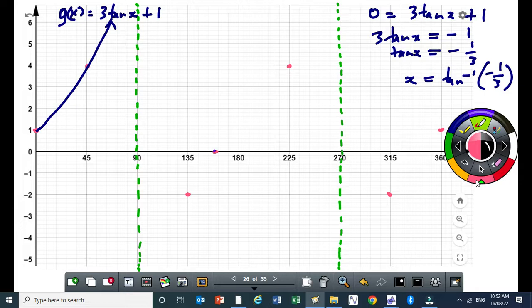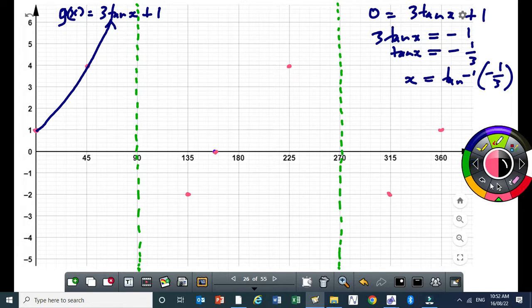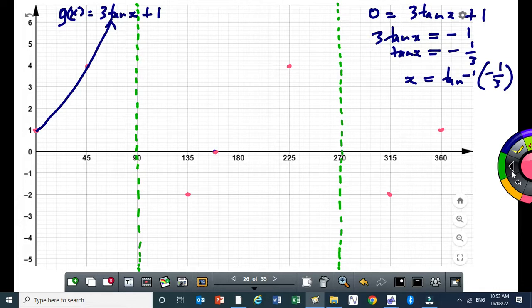It's 180. So the x-intercept which will be here, and the one which will be somewhere between 270 and 360, the distance between them will also be what? 180. So if you add 180 to 162, what answer do you get? What is 180 plus 162?